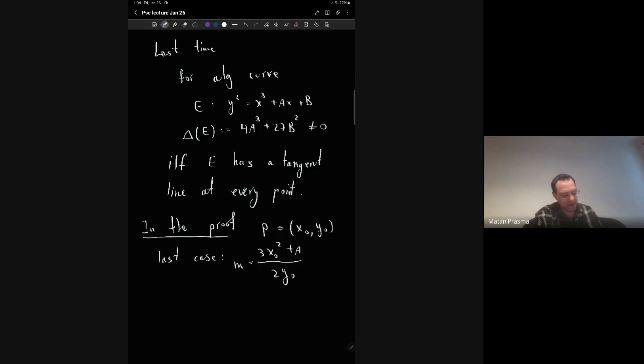And of course, it could be that the numerator and the denominator are both zero. This is the non-trivial case. In all the other cases, it's easy to show that there is a tangent line, possibly vertical.